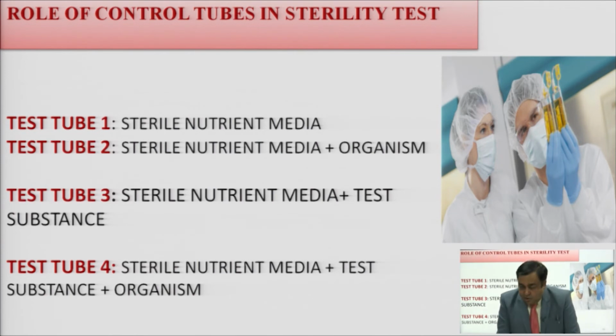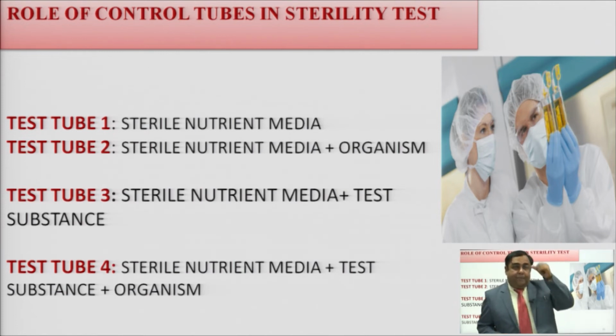Now, there are certain situations, say for example, in 1% cases it is not turbid or it is clear. What does it mean? That is, the test substance has an inhibitory effect on the organism, due to which test tube number 4 is clear.